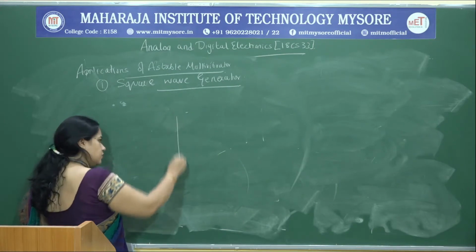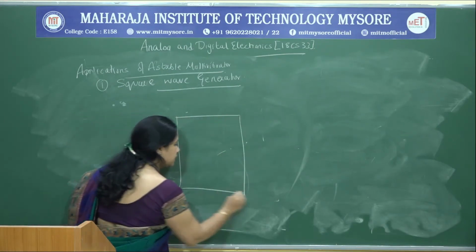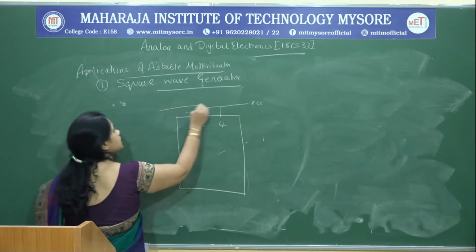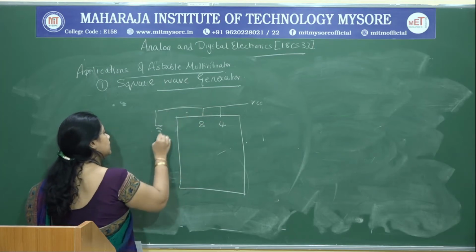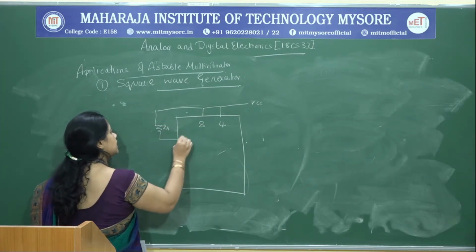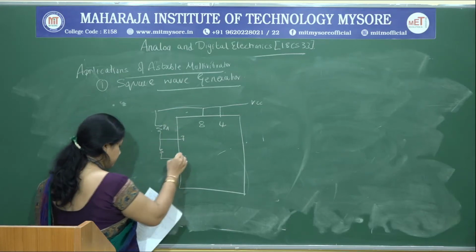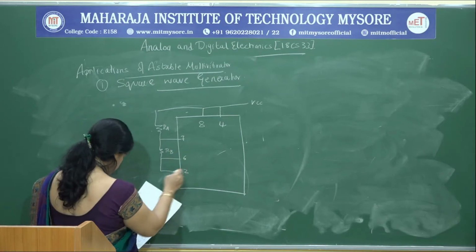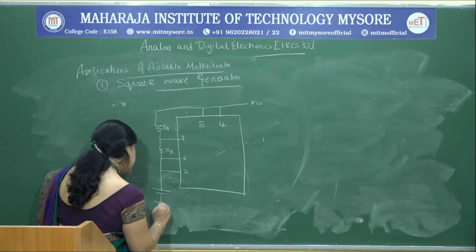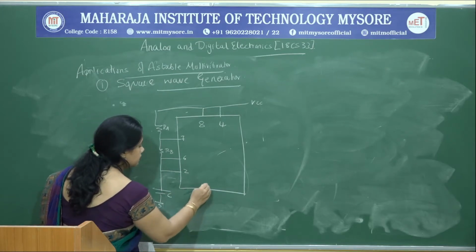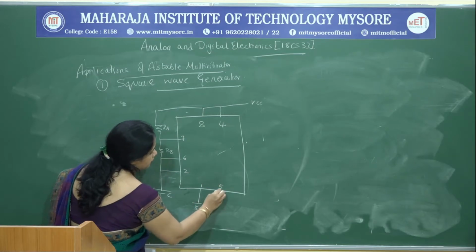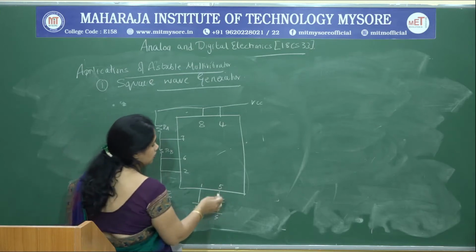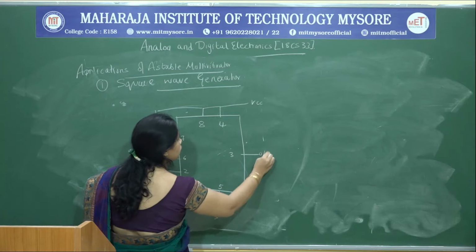If you look into the basic astable multivibrator, it is something like this. Pin 8 is the power supply, and pin 4 is the reset connected to VCC. Between 8 and 7 we have a resistance RA, between 7 and 6 we have resistance RB, and from pin 2 I connect the capacitor C. Pin 1 is ground, pin 5 is the control pin which is usually kept connected to the ground through a capacitor, and 3 is your output voltage.